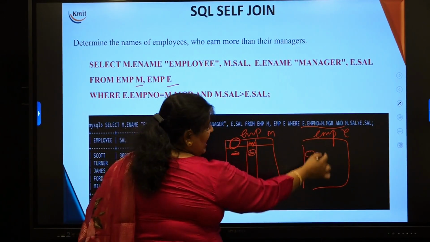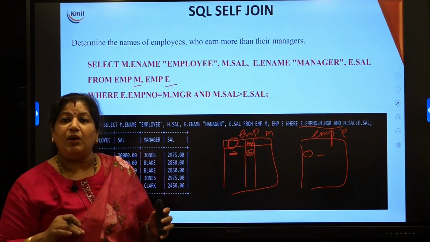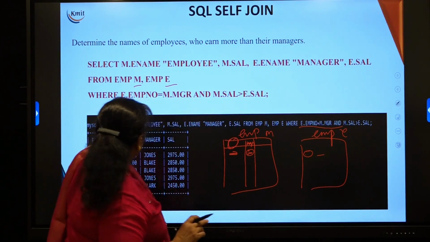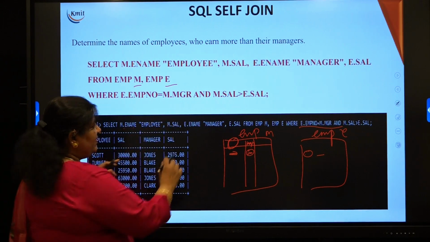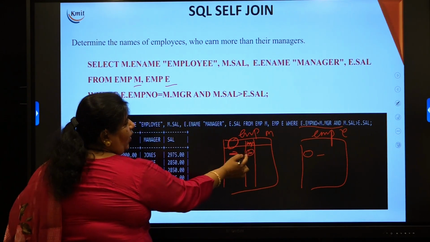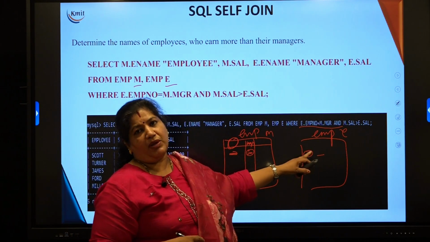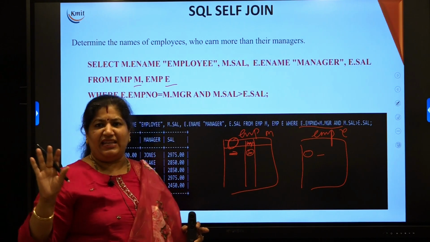If I check for that employee in this table, then I get to know the manager's name. So I am just saying that E.empno should be equal to M.mgr. M is the first table, so the manager column of the first table should match with the employee number column of the second table. Then I will know that he is the manager.